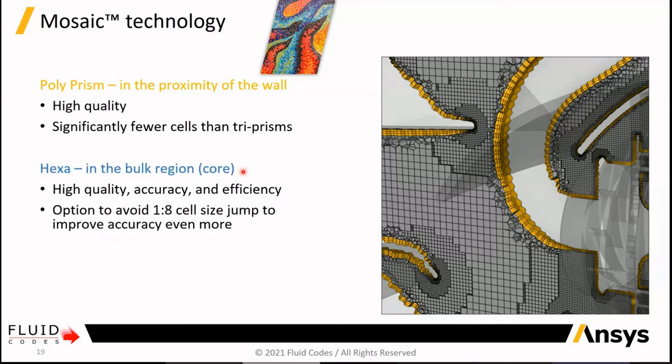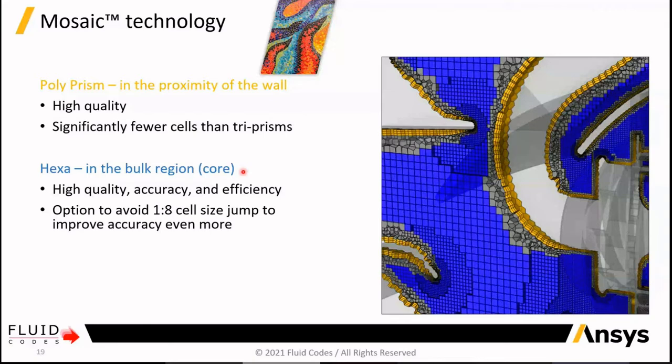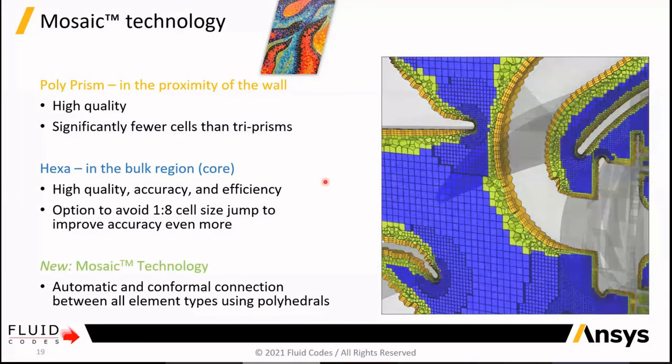cell count here. In the bulk, in the core, we have Cartesian hexahedral elements, very fast to generate and very accurate. You will see this kind of approach is extremely fast compared to other technology, which is a big advantage. And then the mosaic will kick in.